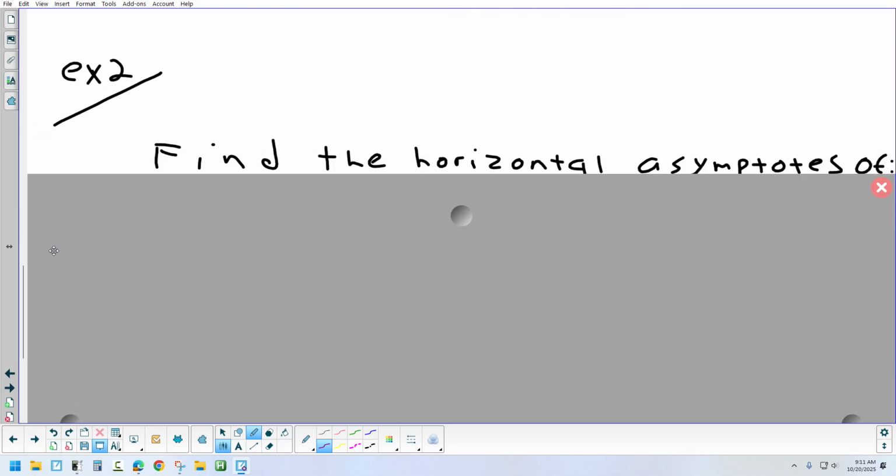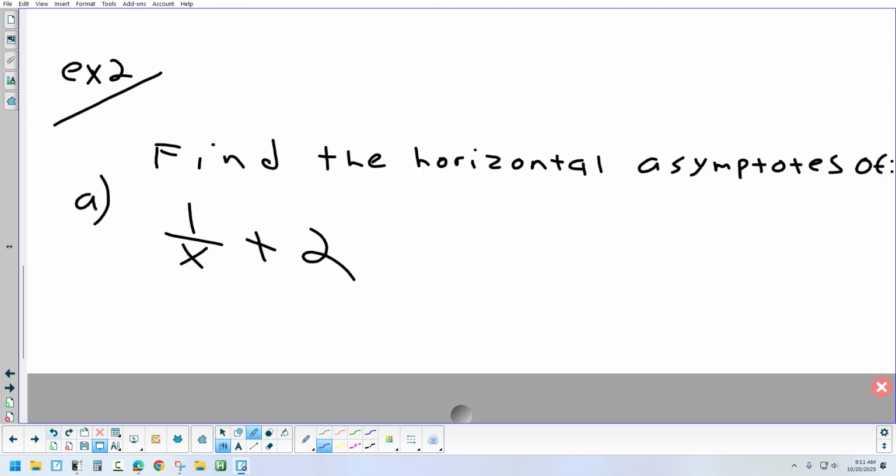Okay, so let's look at this one. And let's see if we can find the horizontal asymptote. So first thing, when you write a horizontal asymptote, it's a horizontal line. What letter do we always start out with when we're writing the equation of a horizontal line? Y equals. Yep, y equals. If you accidentally do x equals, that's vertical. We haven't talked about vertical asymptotes yet.